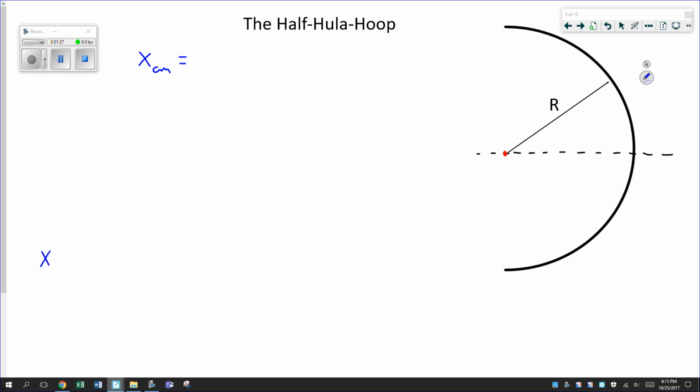What we're really saying is we can find the position of the center of mass by adding up all the products of position and masses, and then dividing by the sum of all those masses.